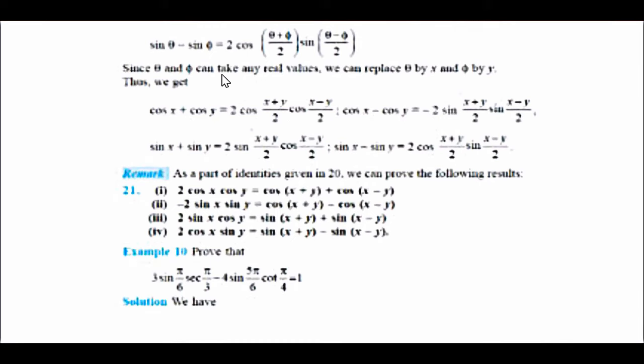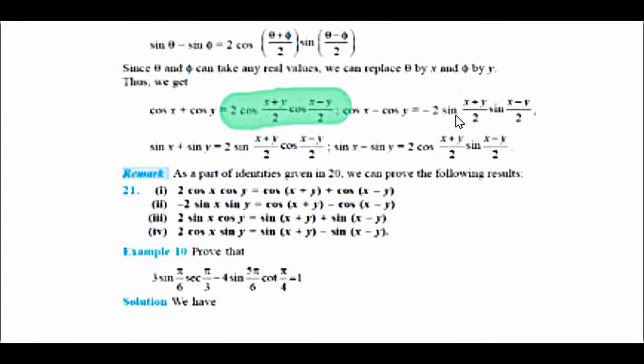So now again, since we are well accustomed to listening or watching x and y, let us again do the reverse, that is place x for theta, place y for phi. So cos x plus cos y will become 2 cos x plus y by 2 cos x minus y by 2.